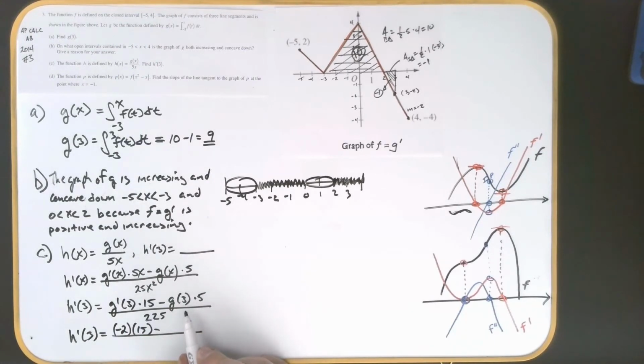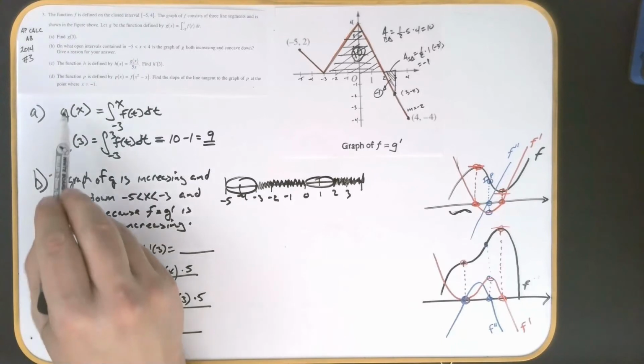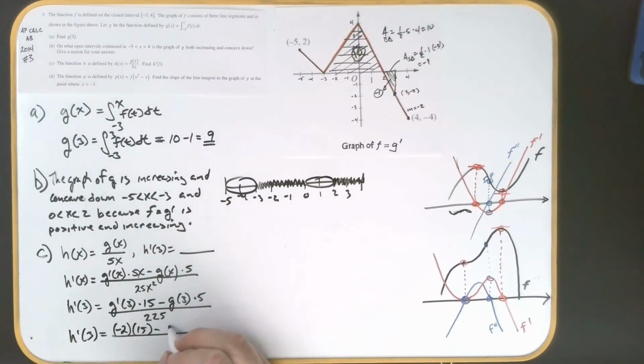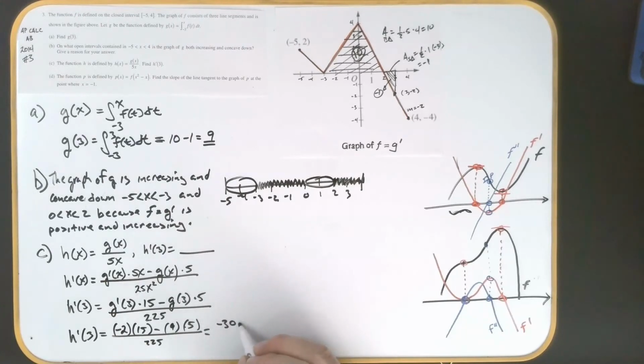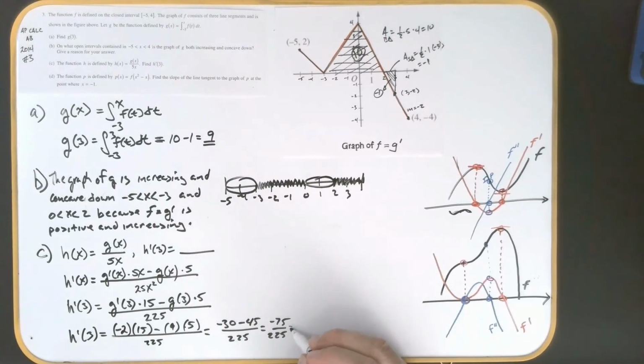Now, is there anywhere in the problem we knew g of 3? That was actually part A. g of 3 is 9 times 5. And then we're still all over 225. Okay, so it looks like we get -30 minus 45 all over 225. That's negative 75 over 225. And I believe 25 goes into both of those.